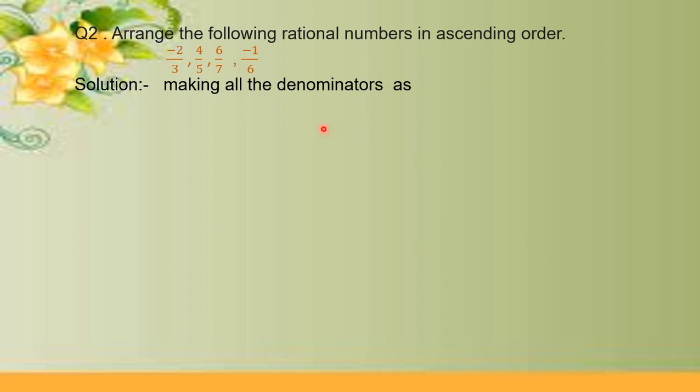Now the denominators 3, 5, 7 and 6 are different numbers. So we have to make all of them the same by finding their LCM, which is 210.